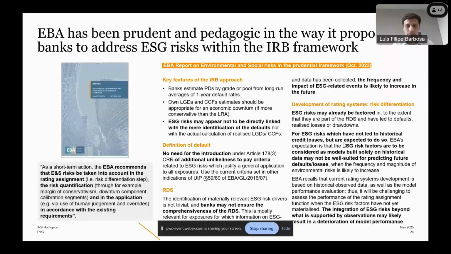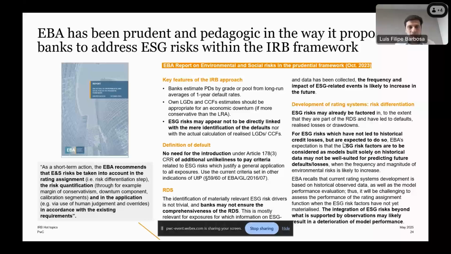EBA is stating to look for additional risk factors, and try to understand if the reference data set supported their inclusion and of course their potential contribution. If that is not the case, there is a golden rule: the integration of those factors should not deteriorate model performance, or at least should not materially impact the way models are performing.